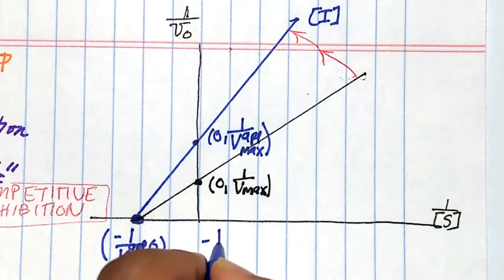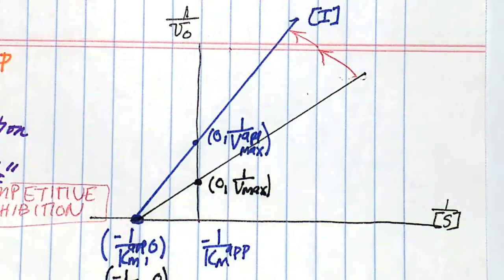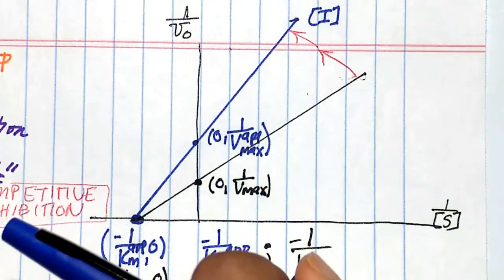So we have 1 over apparent K sub m, and then 1 over K sub m, minus 1 over K sub m.